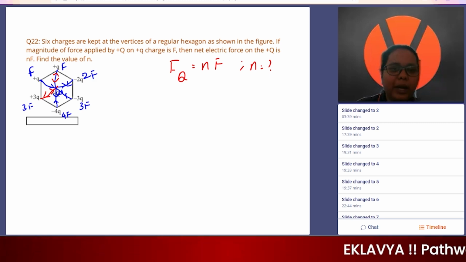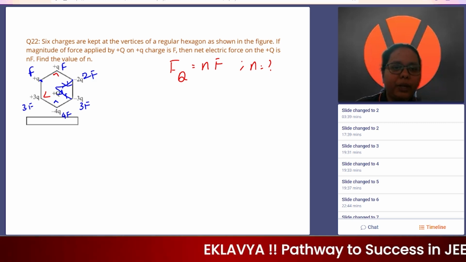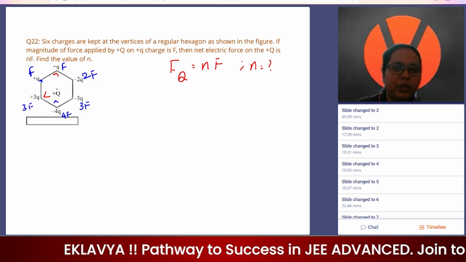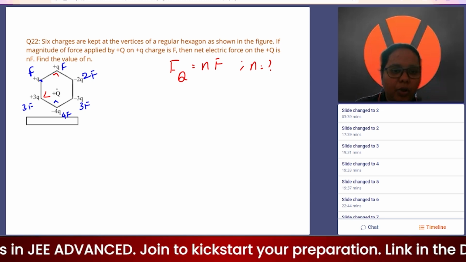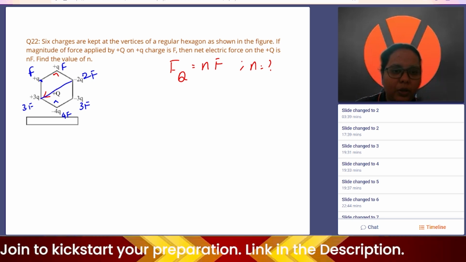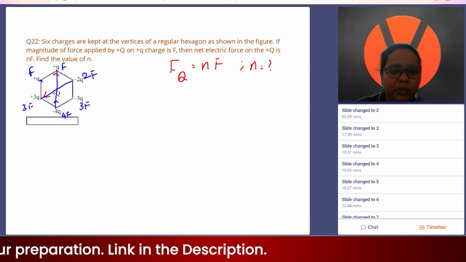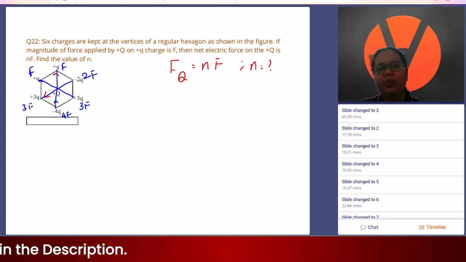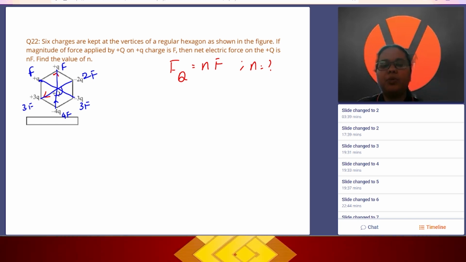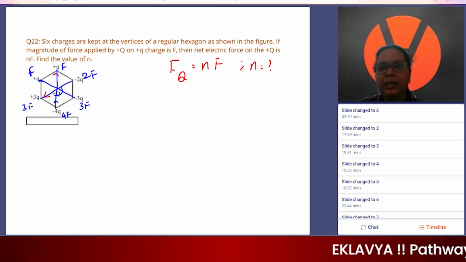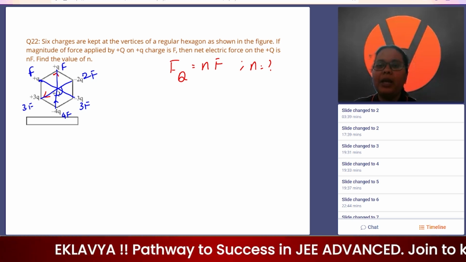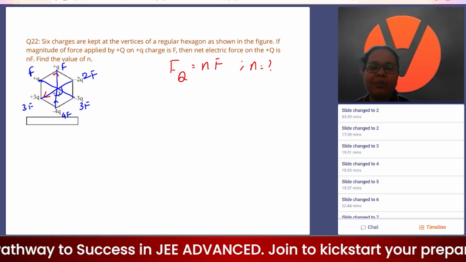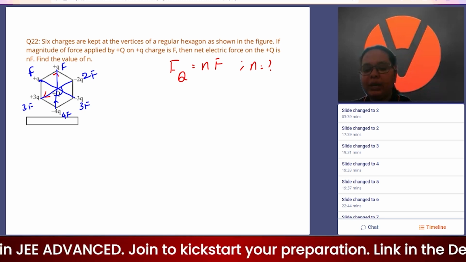Depending on the direction, you need to find the diagonal forces. Along this direction, what is the force? You need to find the net force. Then between these two, you need to finalize the net force, and confine the forces into the same direction. Based on whether they are acting along the same direction or different direction, you can find the answer.